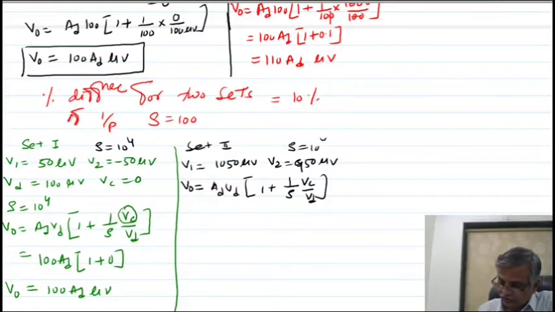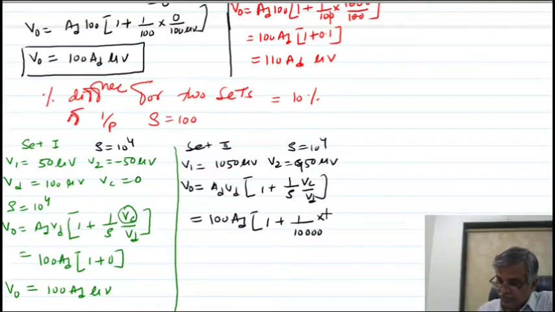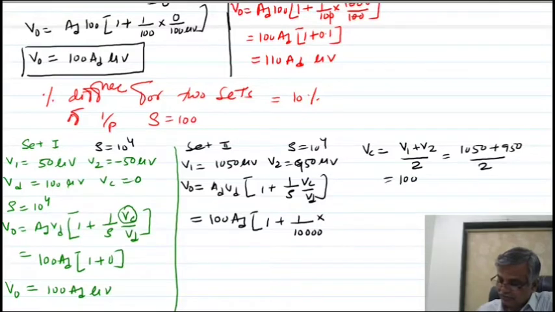Rho is 10 raised to 4. This is 100 into AD. AD is not given. 1 plus 10 raised to 4. What is the Vc? Vc let us calculate. It is V1 plus V2 by 2. So 1050 plus 950 by 2. So it is 1000 microvolt upon Vd.